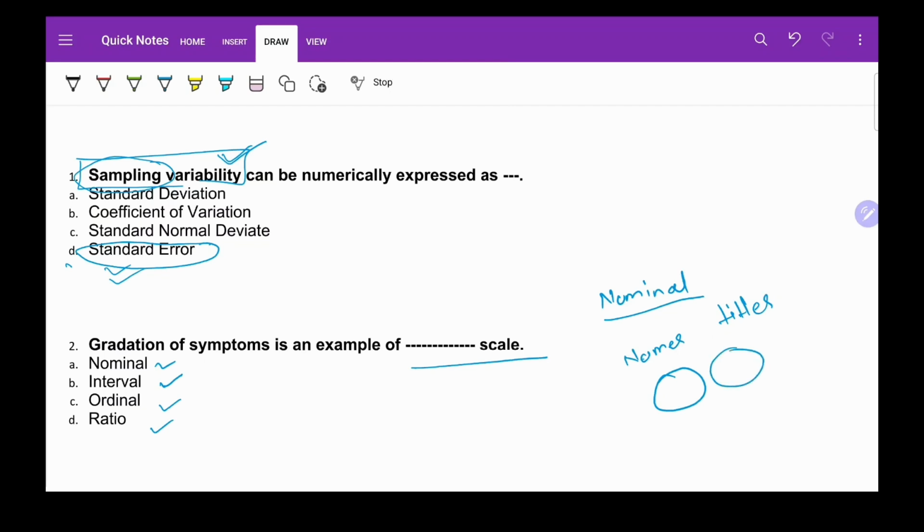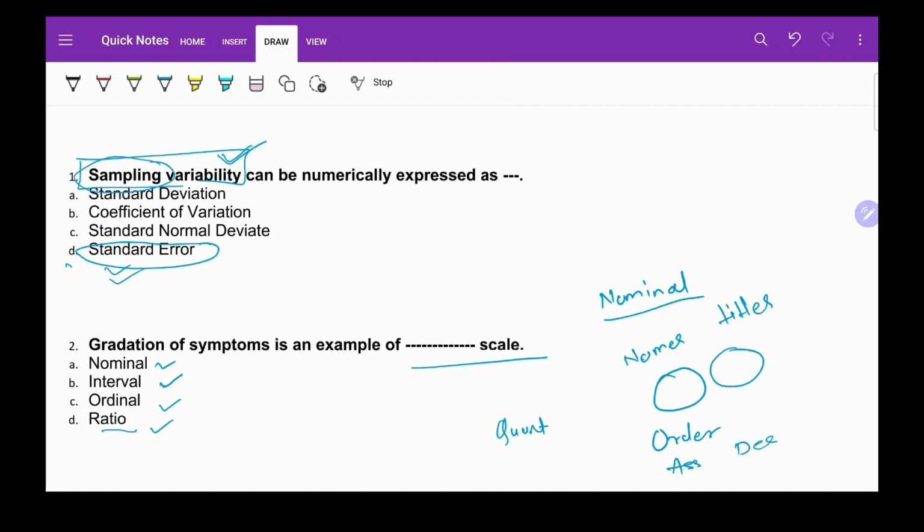Interval scale is related with the quantitative data. Ordinal scale is again qualitative data in which there is some order, ascending order or descending order.